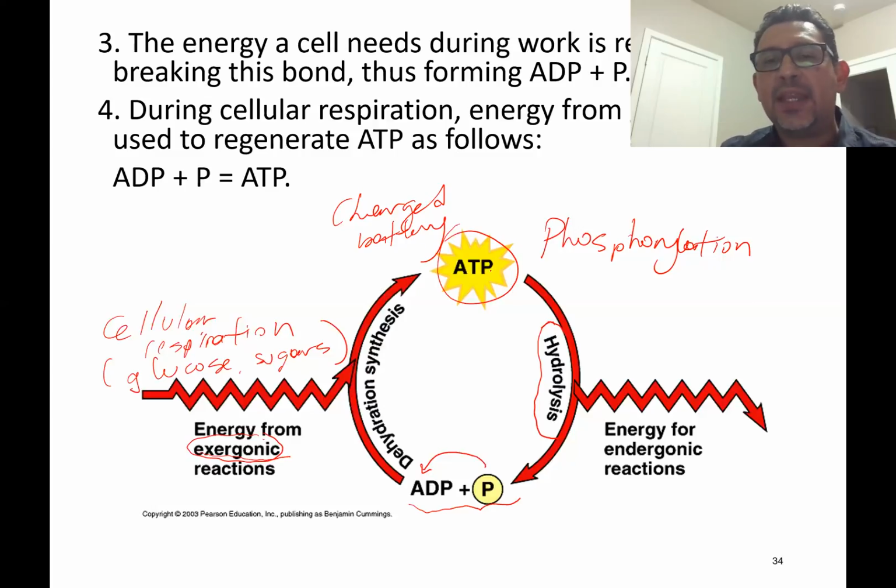I'm sorry, I'm getting kind of confusing over here. So when a battery loses its charge, you don't throw it away. You don't go and get new batteries. Many batteries we use these days are rechargeable. And so when you look at ADP plus P, I imagine a battery that needs to be charged, like the battery has lost the power.